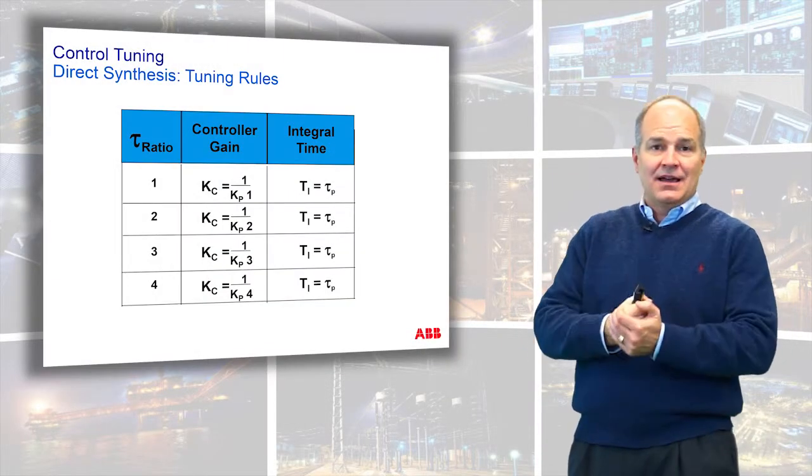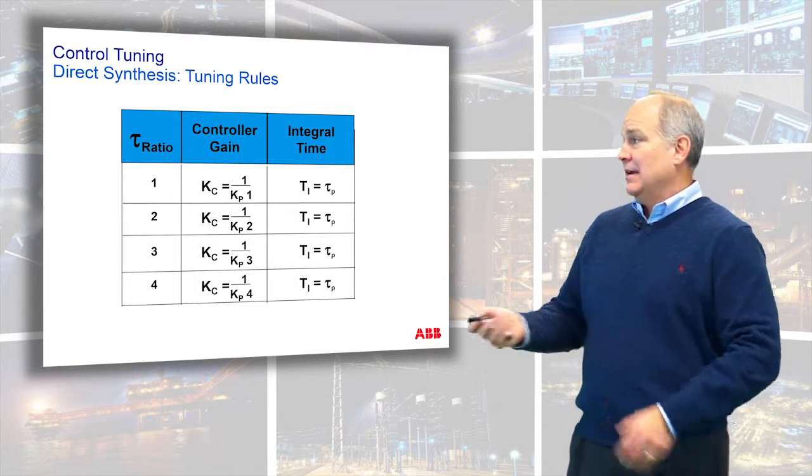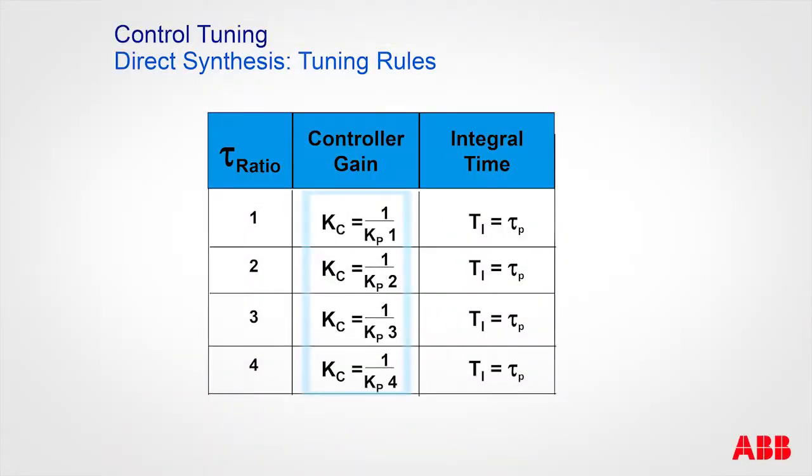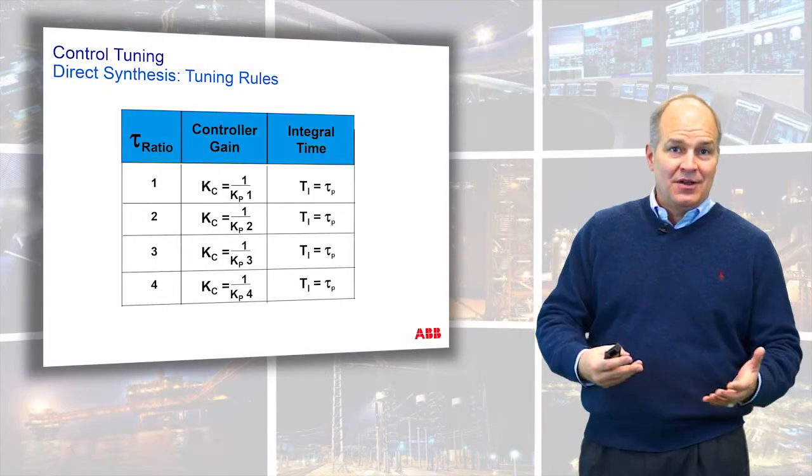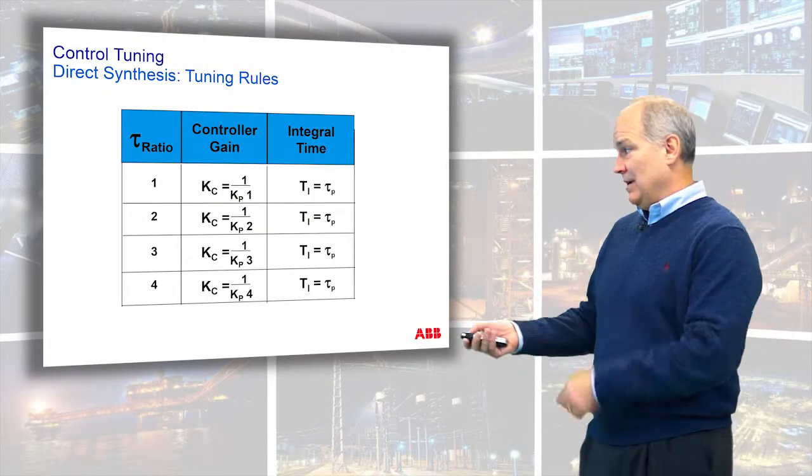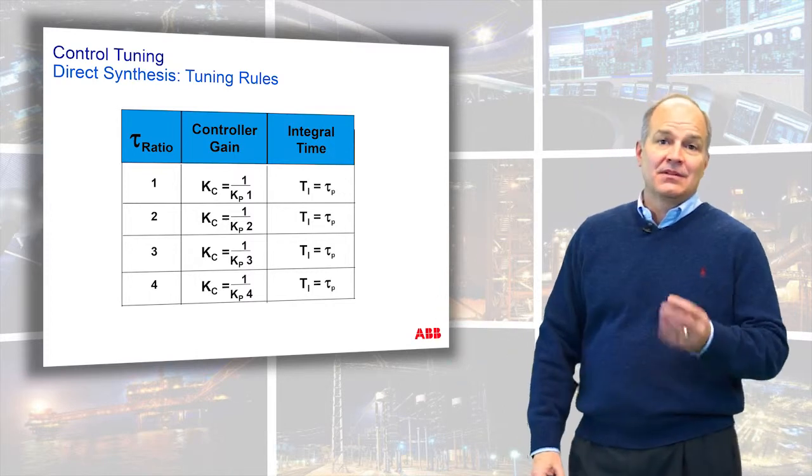That locks in the time constant, and then you don't have to mess with it. And then your speed of response is strictly a function of the proportional gain. Notice you've already calibrated it to be inversely related to the process gain, and then we got this 1, 2, 3. So literally, the bigger the tau ratio, the slower your response. But slow is now normalized to be in relationship to the dynamics of the process.